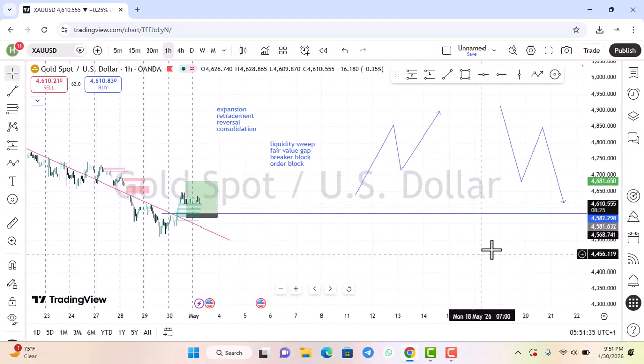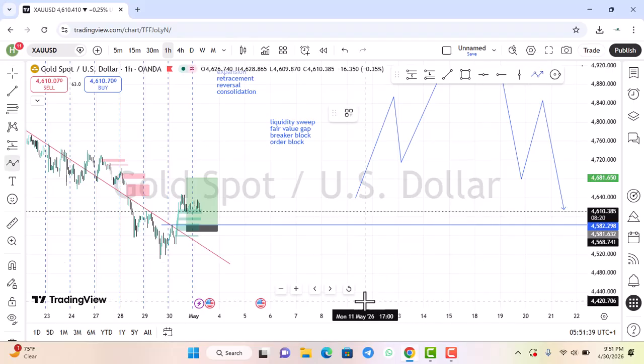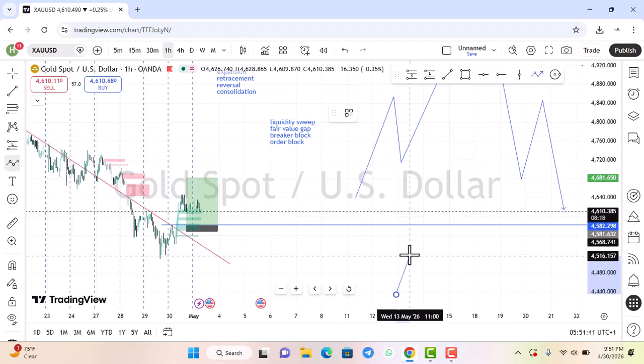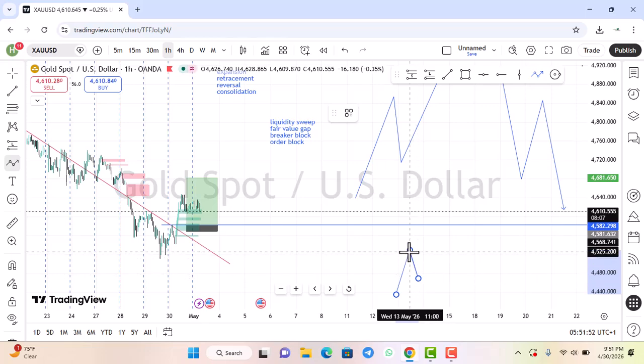Okay, let me give you another example right here. Let's say we have price moving to the upside, right? When price was going up, it created a breaker block. Do you remember our breaker block explanation? So price created a breaker block, like this point here, for example.